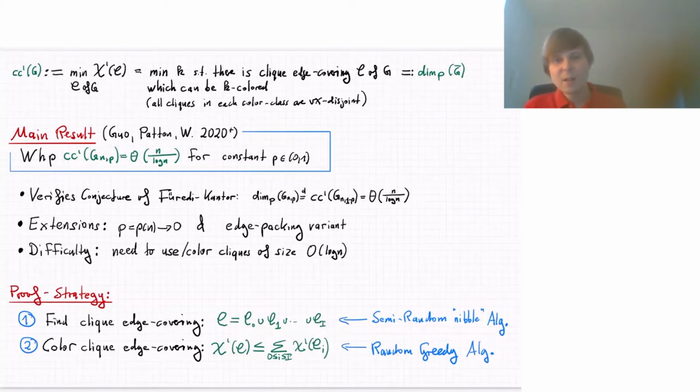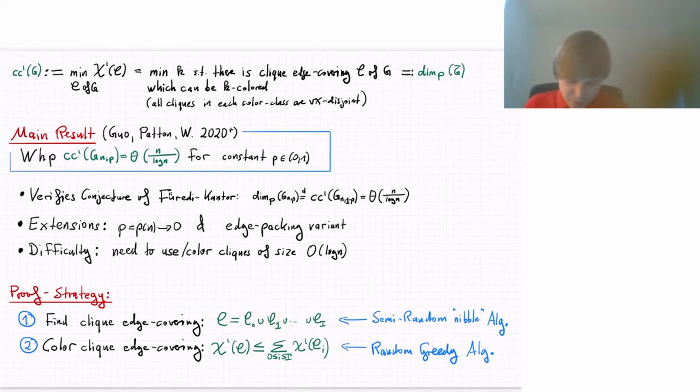From the technical perspective, the advantage of using semi-random here is that once you start taking out these cliques from your graph, it's easier to show that the remaining leftover graph has very nice properties. In particular, when you look at the clique distribution, the total number of cliques is roughly what it still should be, the number of cliques per vertex is what it should be, the number of cliques per edge is what it should be, and so on and so forth.